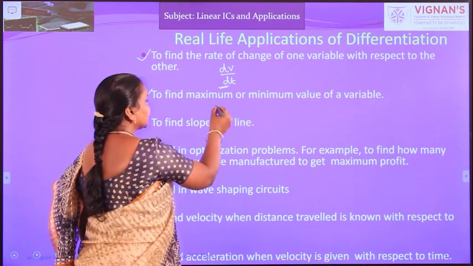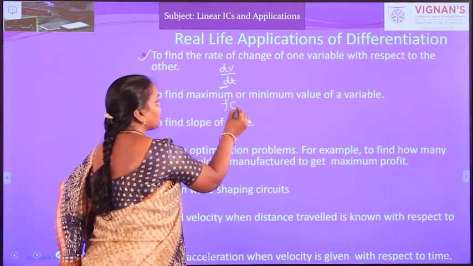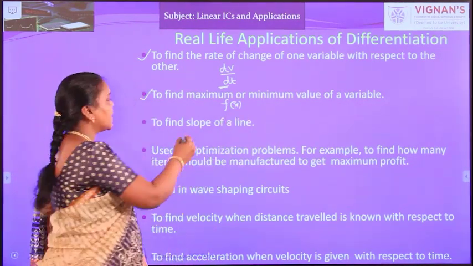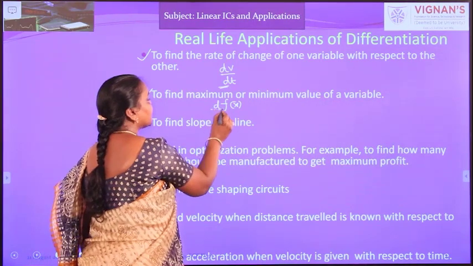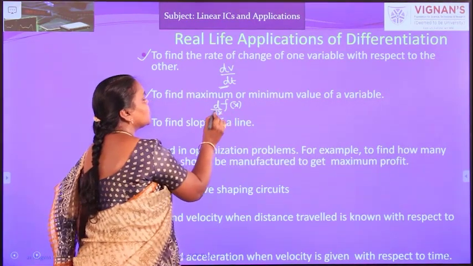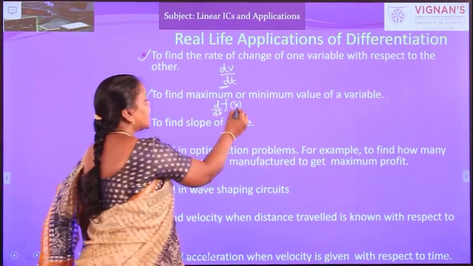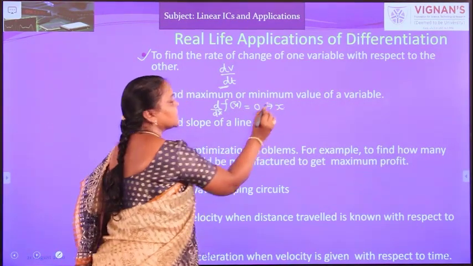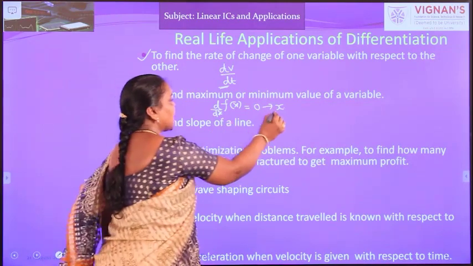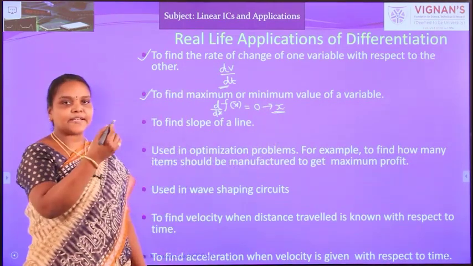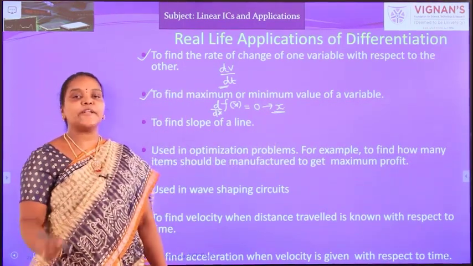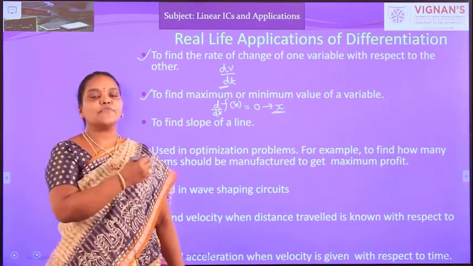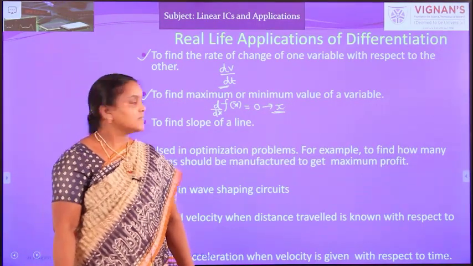Suppose that function is f of x. Then df(x) by dx, with respect to x you are differentiating and equate to 0. So at that corresponding x value, you will get either maximum or minimum. So to find maximum or minimum, we go for differentiation.